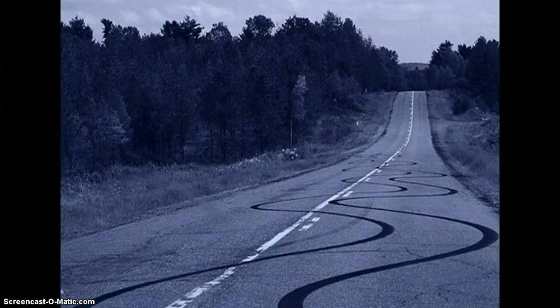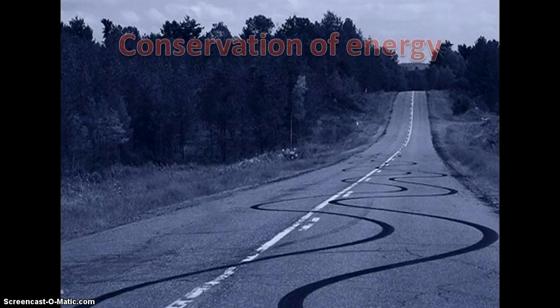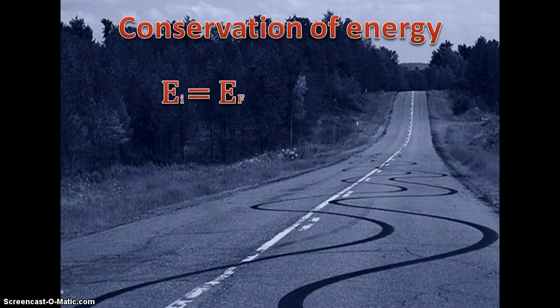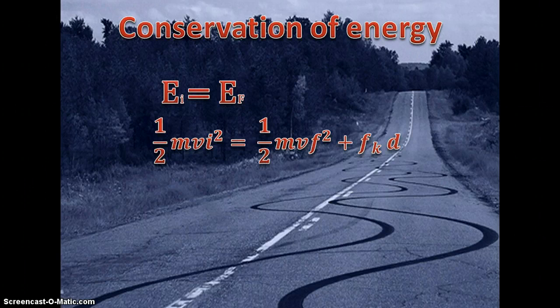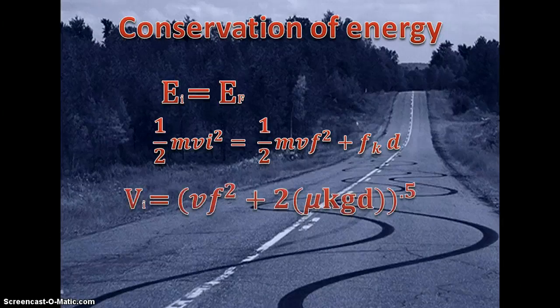Now we move on to our next problem. It is a conservation of energy problem when he slams on the brakes and skids into Mr. Truckman's car. We can say E_i equals E_f, and the initial energy is kinetic, so 1/2 m v squared, and the final is also kinetic, but a little of thermal, so 1/2 m v squared plus f_k d.